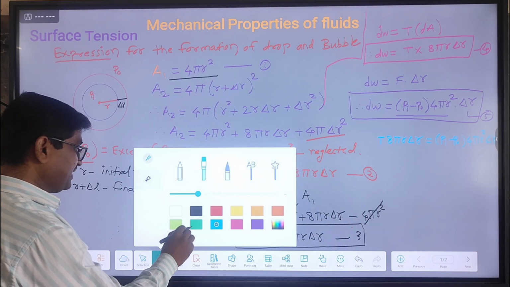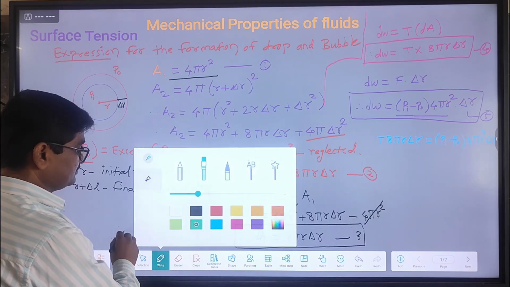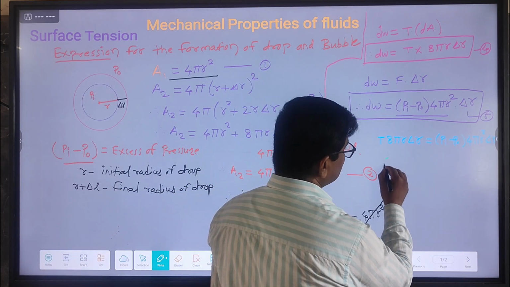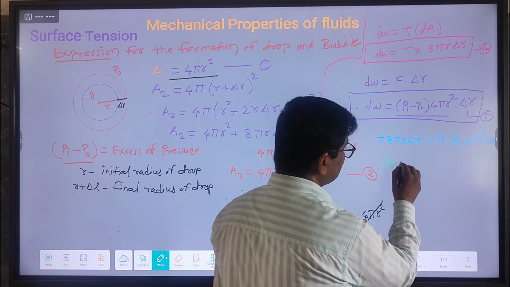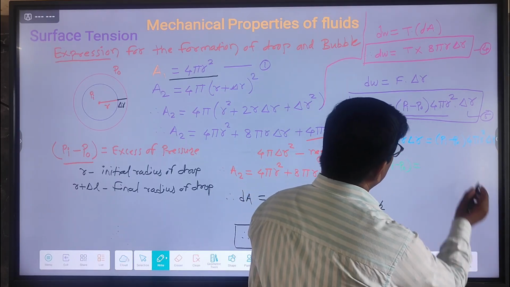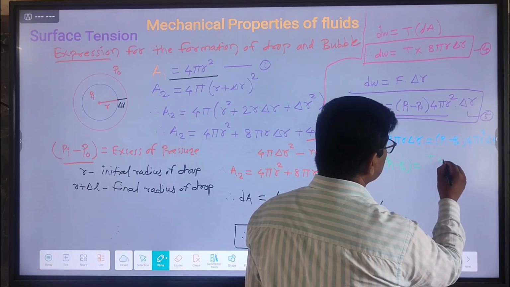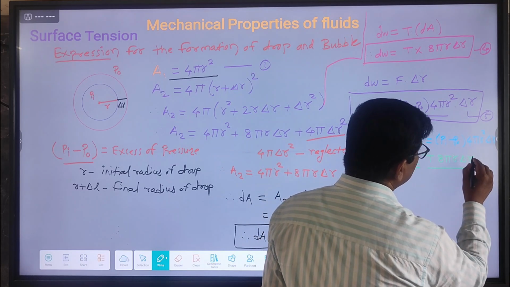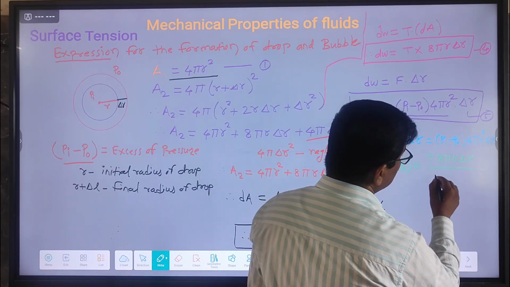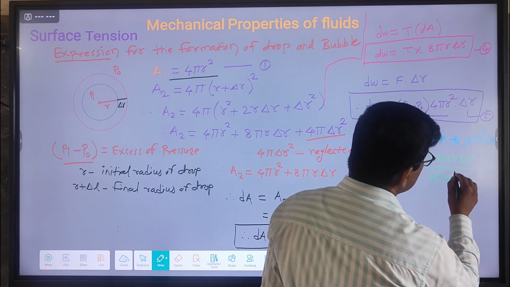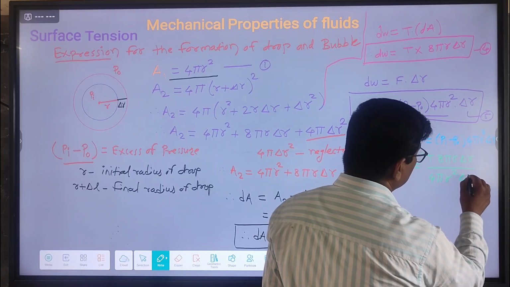So what is the value of excess pressure? Now the excess pressure Pi minus Po is equal to T into 8 pi r into delta r, whole divided by what is remaining here, 4 pi r square into delta r.